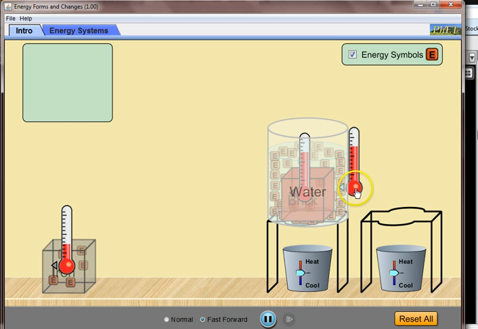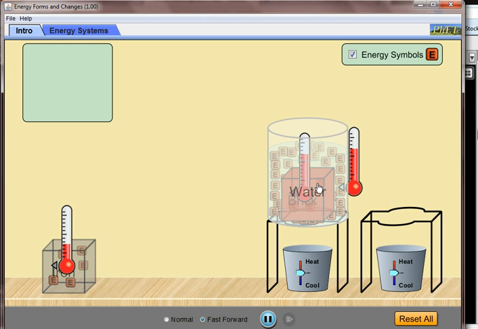Now it has reached an equilibrium, but you can still see that the brick has fewer energy particles, and water has more energy particles, even though they have the same temperature. So this is heat transfer. The heat is getting transferred from the water to the brick, and as a result, the water temperature decreases and the brick temperature increases.